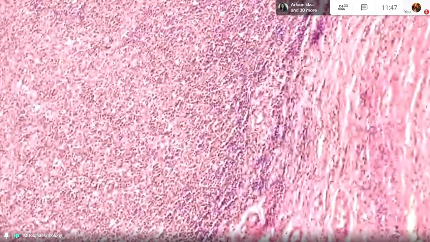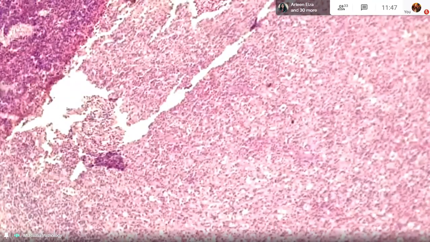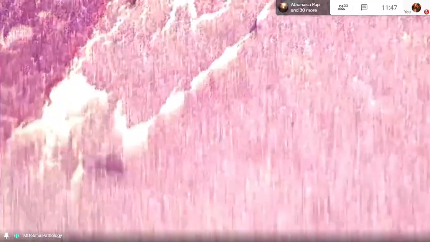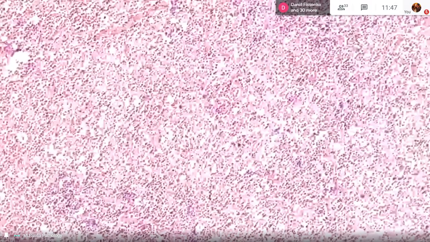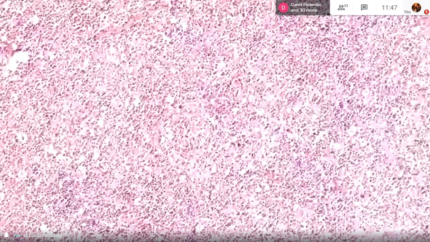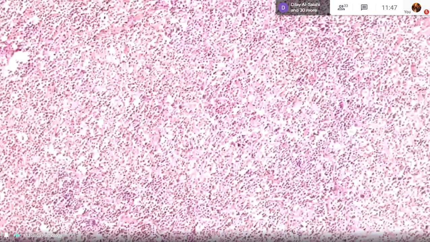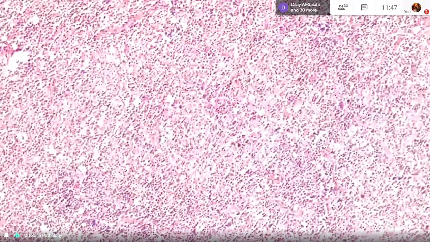And so we have nodular sclerosis, mixed cellularity. Which are the other forms? Lymphocyte rich. Yes. Lymphocyte depletion. These are the four types of classic Hodgkin lymphoma.